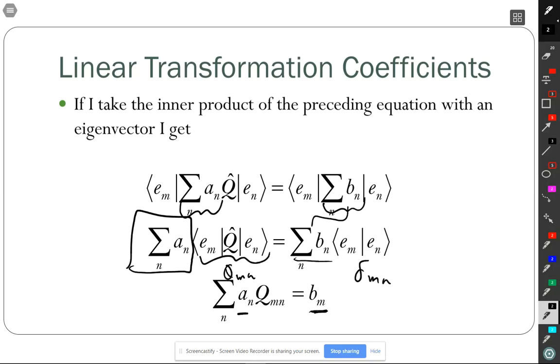The B sub m's were the magnitudes of the unit vectors, how much of this unit vector plus how much of this unit vector to get my state B. The A sub n's were likewise how much of this unit vector, how much of this unit vector to get state A. And those relate through the components of the matrix representing the operator.